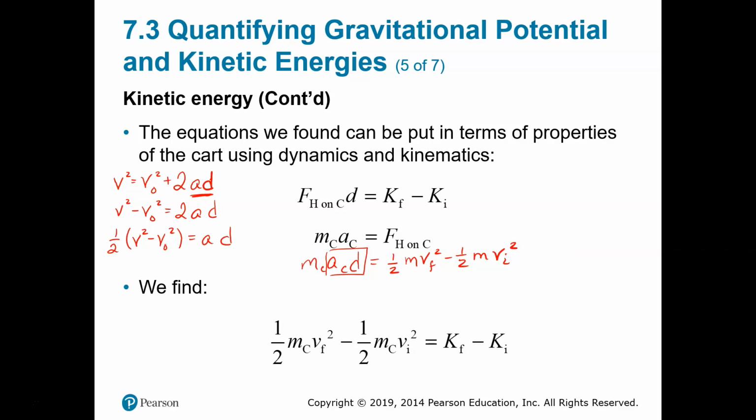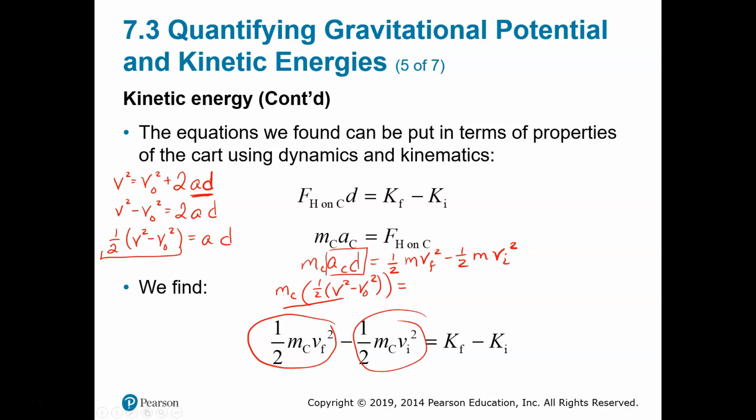So I'm going to put this in over here. I've got mass of the cart times 1/2 v squared minus v naught squared. This is your v final right here. That's where this term comes from. And then you have mass times 1/2 times the initial velocity squared right there.